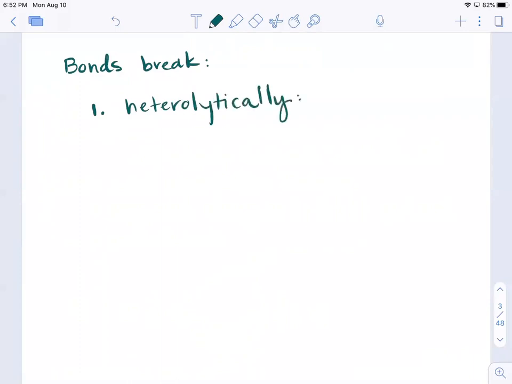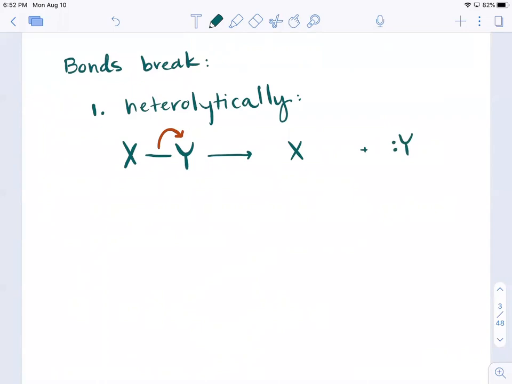Bonds can break in two different ways. The first one that we can see most often is called a heterolytic bond breakage. So bonds break heterolytically, where if we had bond X, Y, where we form a double-headed arrow, and the bond becomes a lone pair.